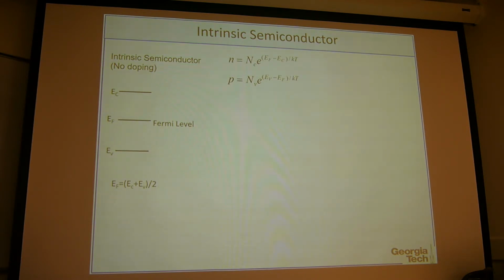It's in the middle of the band gap, almost the middle, I would say. But you can derive this, because intrinsic silicon means N equals P.